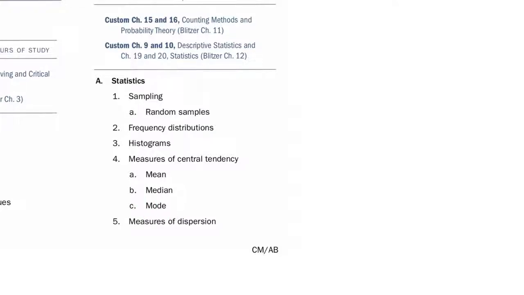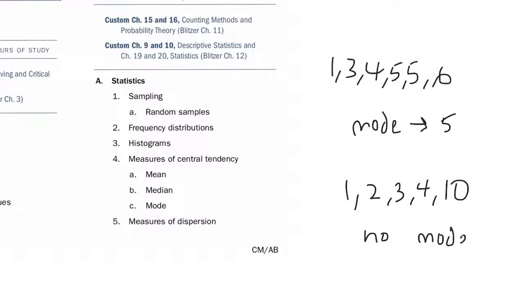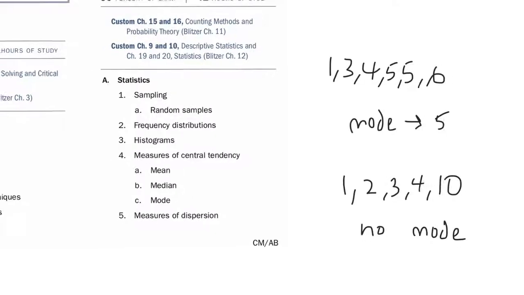Okay, so the mode. The mode is the number that shows up the most. So for example, if we had something like this, then the mode would be 5 because it shows up twice. If we had something like this, then there would be no mode because there is no number that shows up more than once.